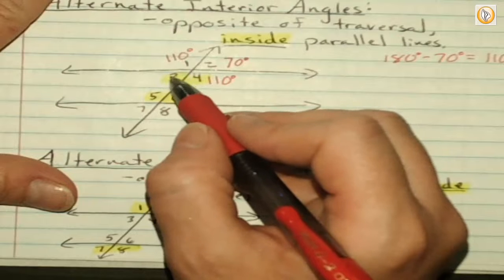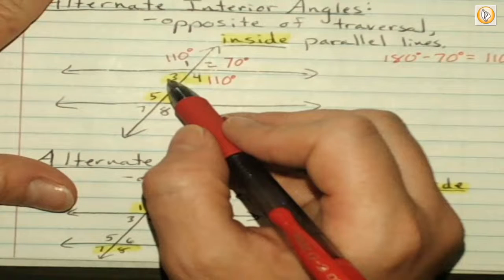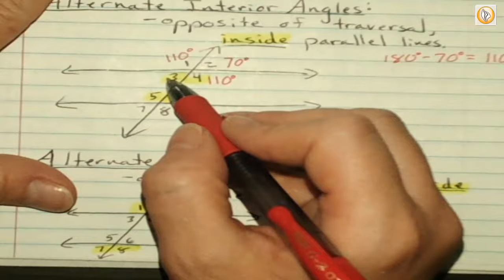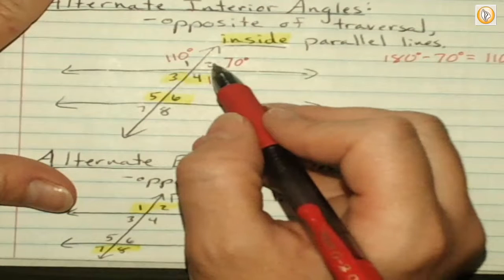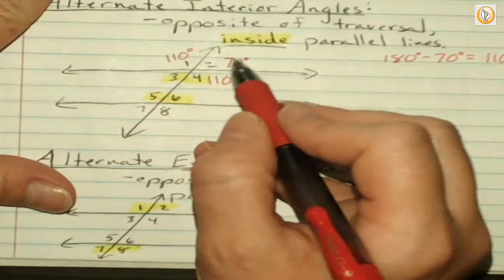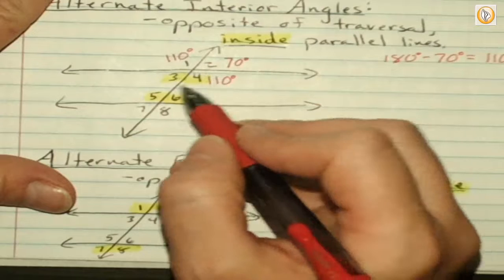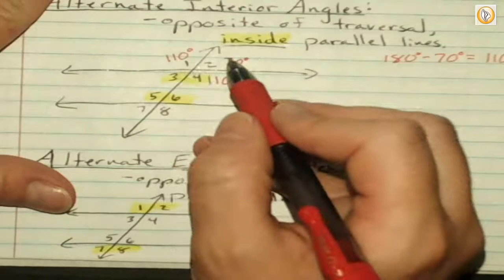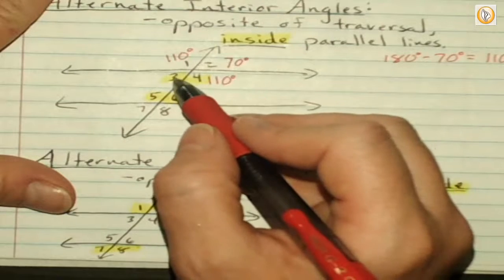So what would the measurement of 3 be? I gave you 70. That was the very first measurement. I said angle 2 is 70, so how can we find all the other measurements? So what would 3 be?